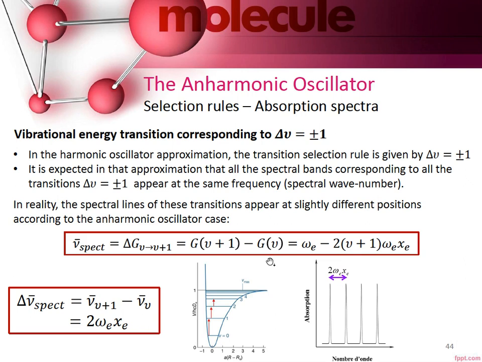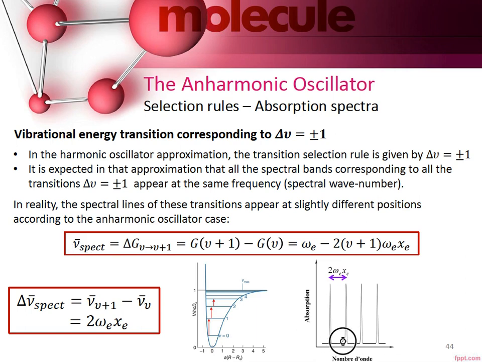What is more important is that if I give you an experimental spectrum and there are different peaks showing up of absorption, and if they have high intensity, so clearly these are not harmonics, these correspond to different transitions, each one of them obeying delta V equal plus 1, then the difference between them is the difference between two nu bar spectrum.